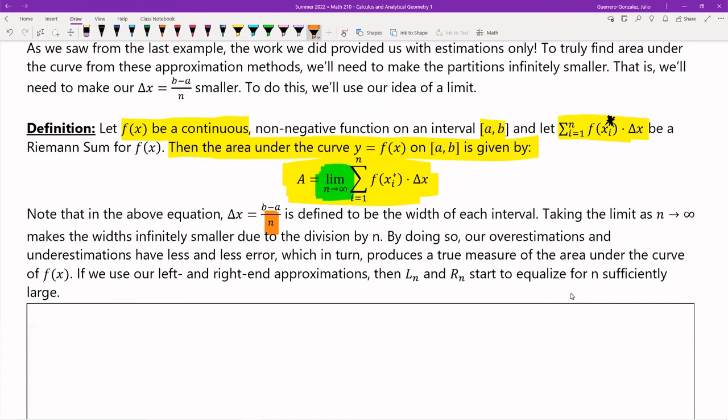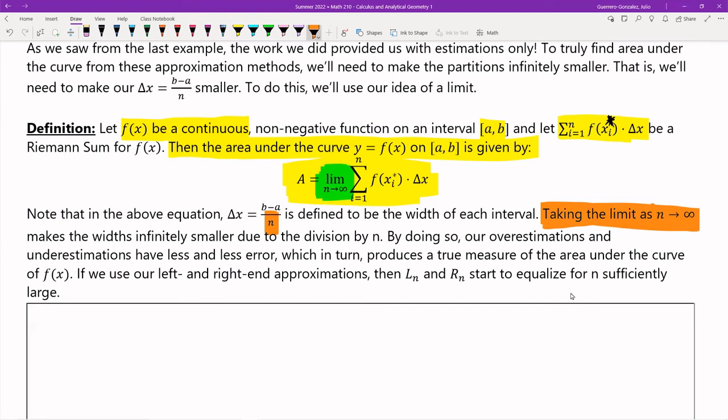So what this is doing is making each one of those subintervals smaller and smaller. That's the idea of taking the limit as n approaches infinity. And as the width gets infinitely smaller, due to the division by n, we have less and less of an overestimation and underestimation as we keep making that n bigger and bigger.